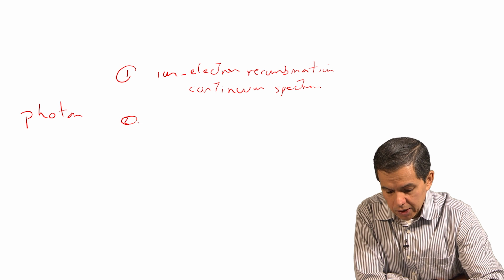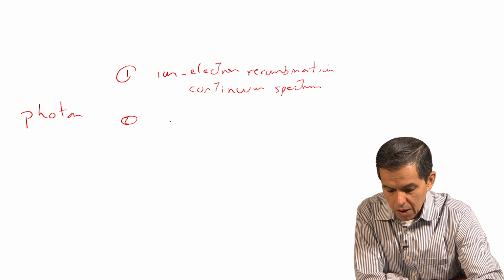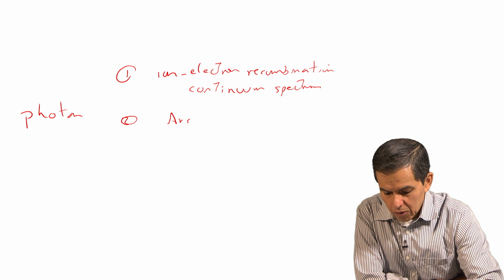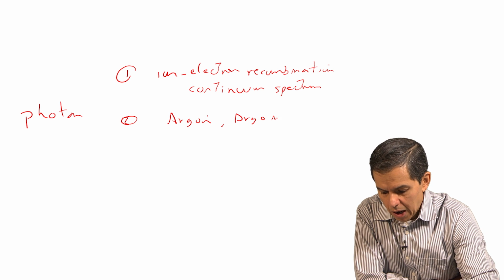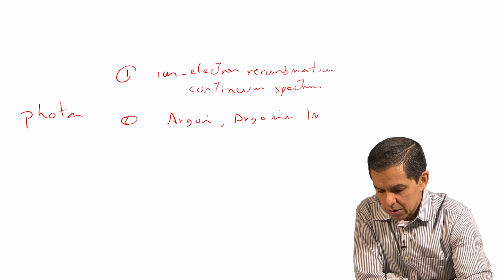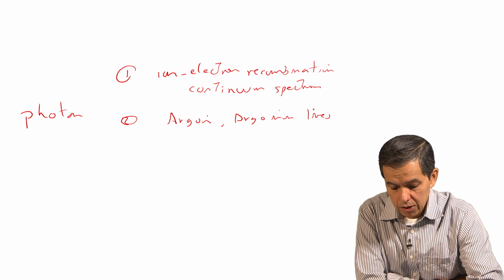There are also argon and argon ion lines, that is, emission lines.